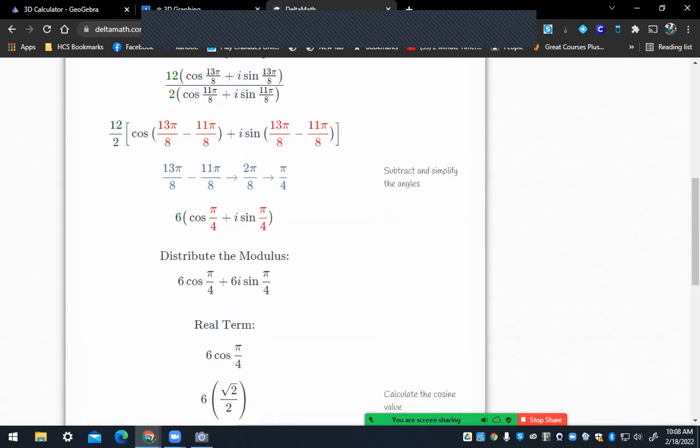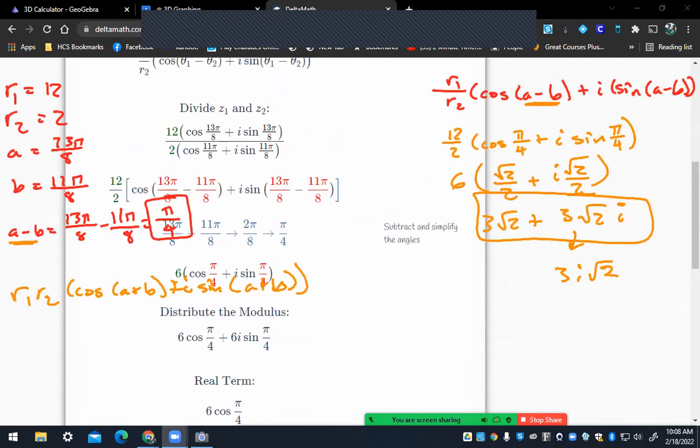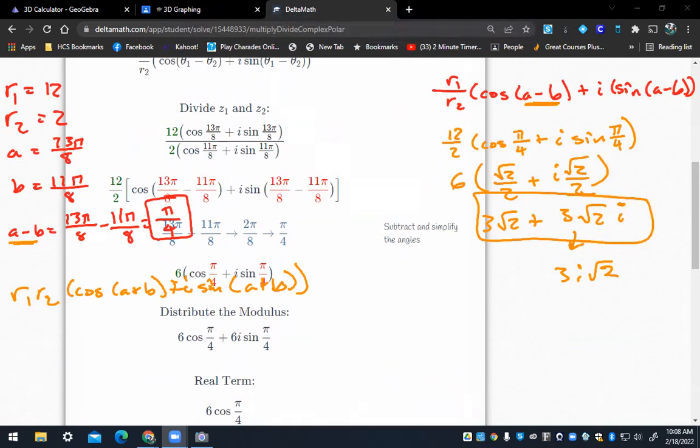Or actually, hold on, let me hit undo so you can see what I did. I just distributed the 6 out. I do it a little differently than they do it. I don't do it separately. I just went ahead and changed these and then multiplied the 6 out. All right, any other questions? We've got time.